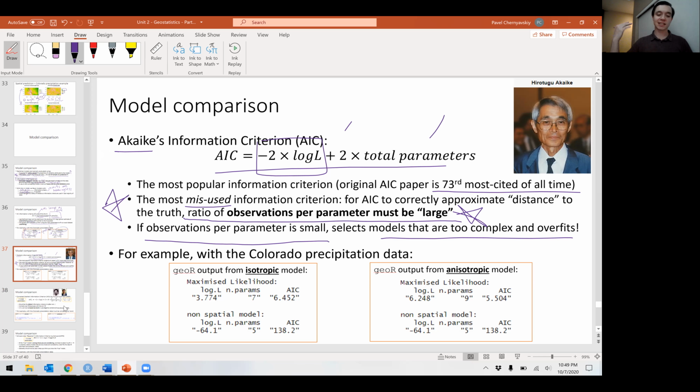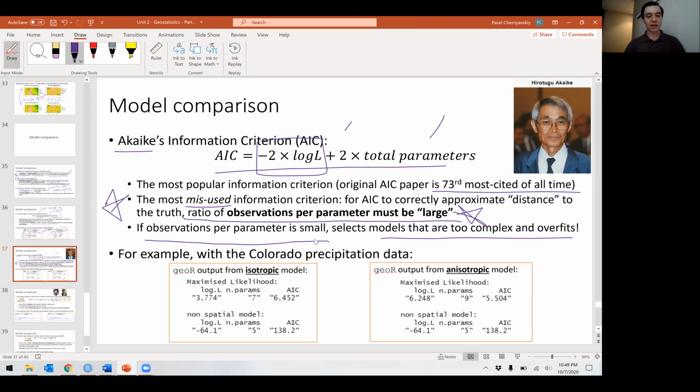AIC was invented in the 40s, where I think people couldn't imagine that we would have as much data and estimate as complex a model as we can just on our laptop computer. So the original AIC was designed to work where you have a lot of information per parameter. Otherwise, it is biased and it tends to select big models, complex models.